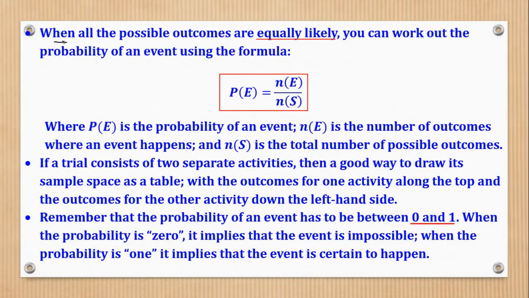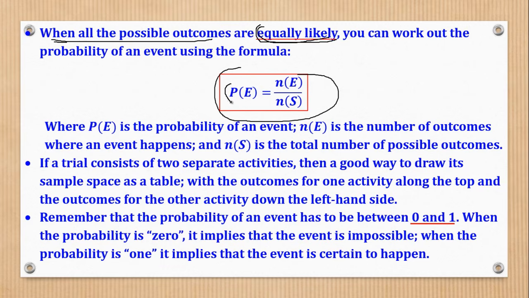Next, when all the possible outcomes are equally likely, you can work out the probability of an event using this formula. In your O-level, all the outcomes you covered were equally likely. Now here we shall add in some other things.